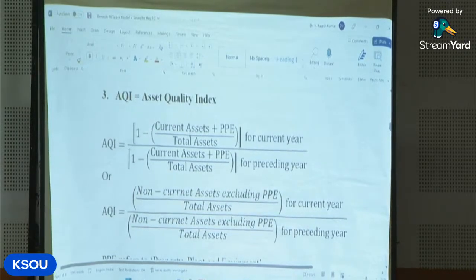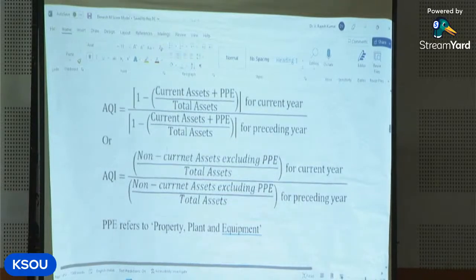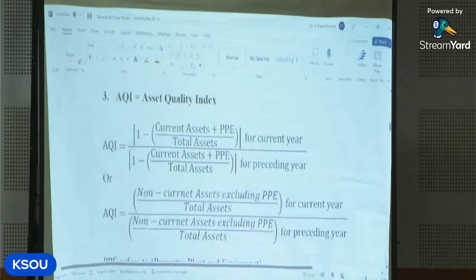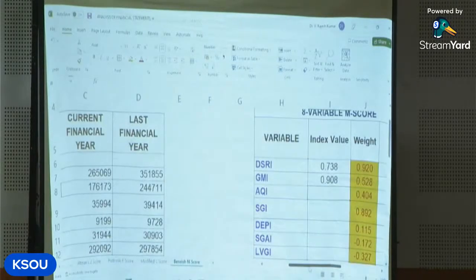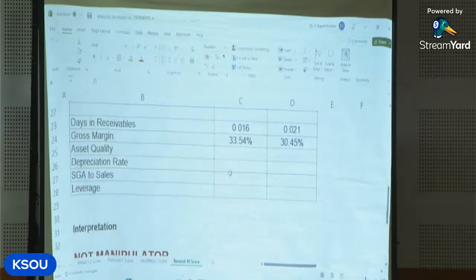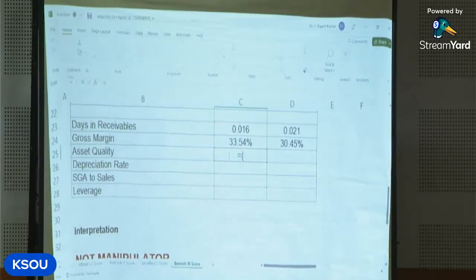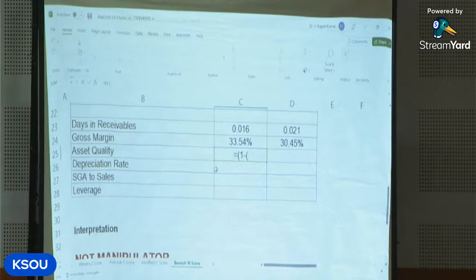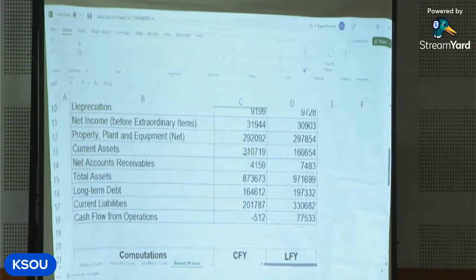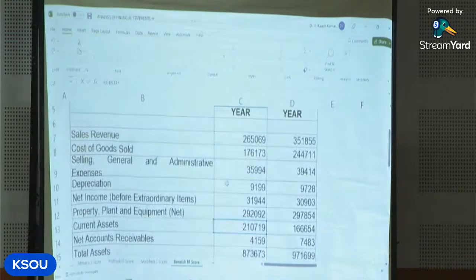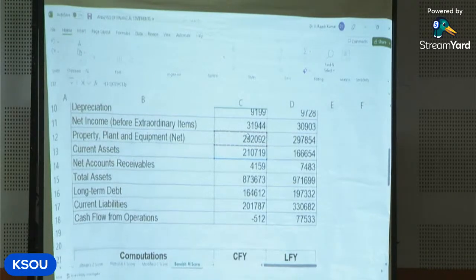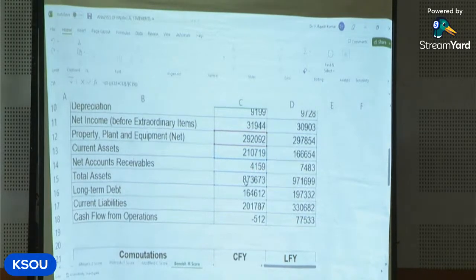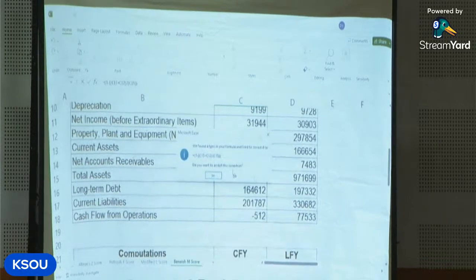So what does it do? Take for current year, take for preceding year, or in simple words, take non-current assets other than PPE, take non-current assets excluding PPE. So I'll show it this way. Asset quality: 1 minus current assets plus property, plant and equipment divided by total assets for current year.